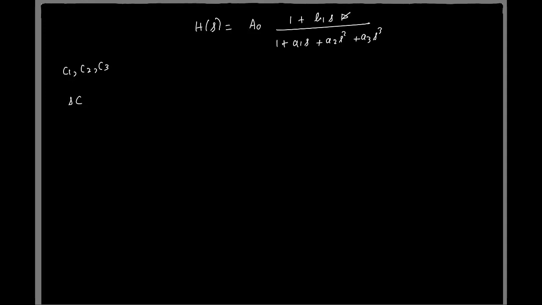I will expand this like this: s times C1 times some resistor. This could be the way in which I get the s term in the numerator.